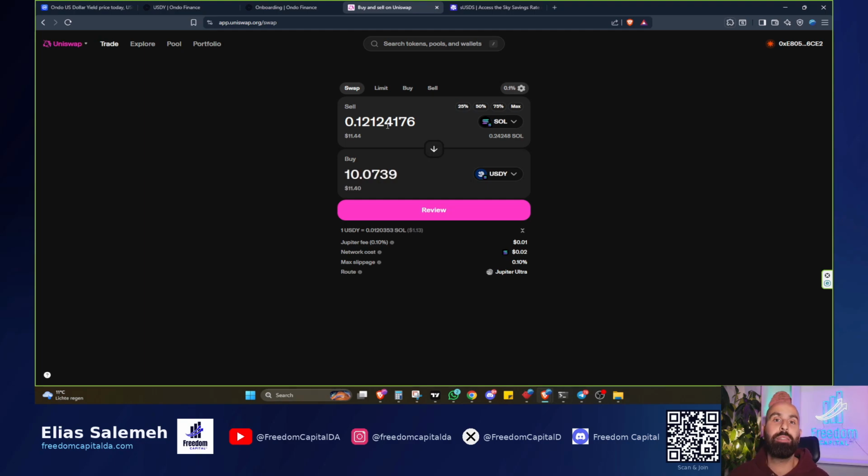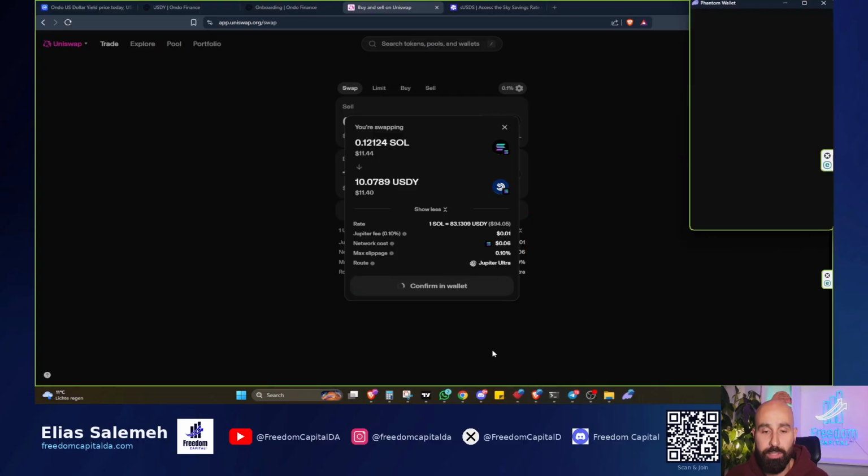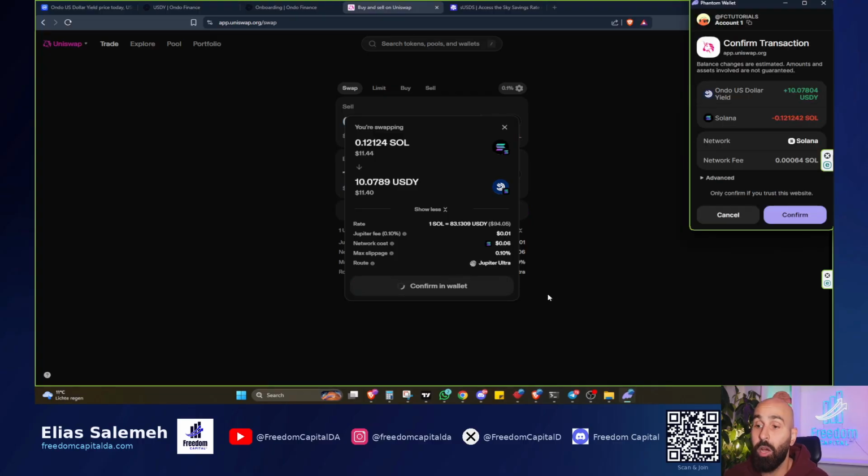I will be able to make that transaction, but instead of getting $100 equivalent of USDY, I will get maybe $90 equivalent, and there will be 5 to 10% of slippage, depending again on the slippage that you put. For now, we're going to opt for 0.1% and try to see if the transaction will go through. So review, this is the fee that I'm going to be paying, 0.05 Solana, 0.05 dollar actually. This is the final transaction, confirm.